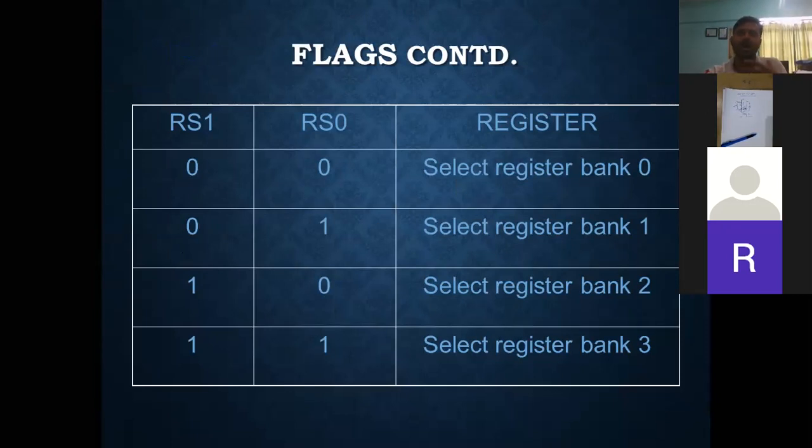So after that, R0 to R7 of bank 0 will be selected. Clear? Any questions on this?